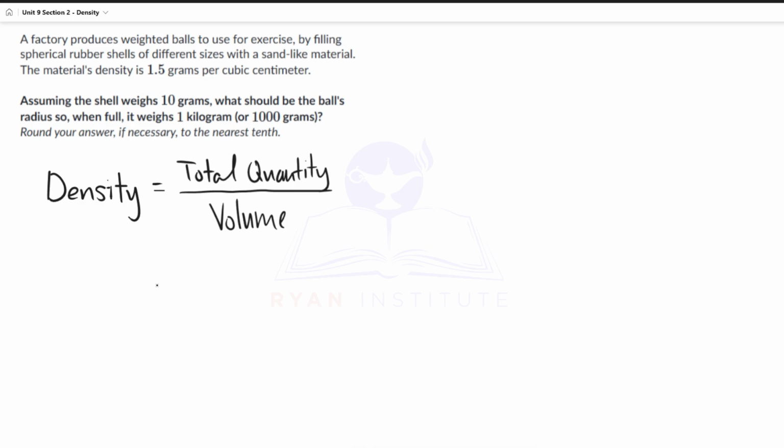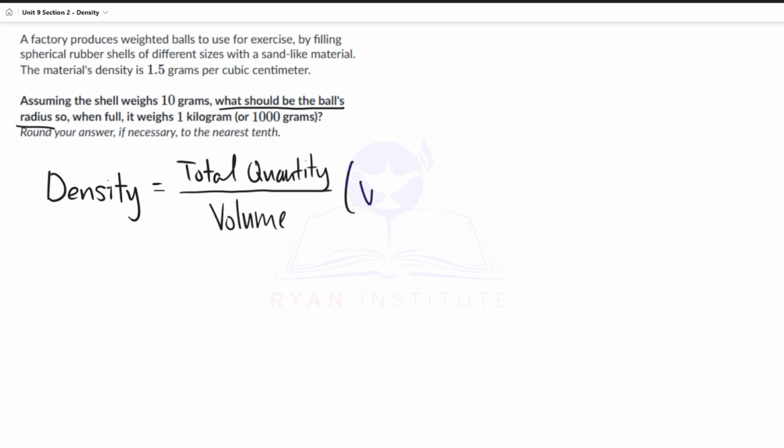All right, so with this, we need to find volume, because in the volume equation of this sphere, we are going to look for the radius, which is what the question is asking us to answer, which should be the ball's radius.